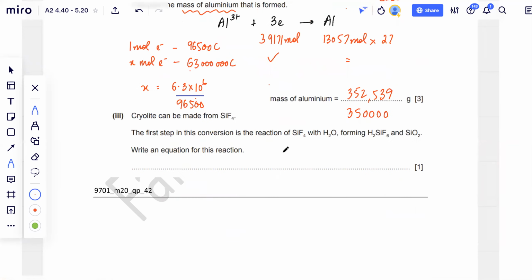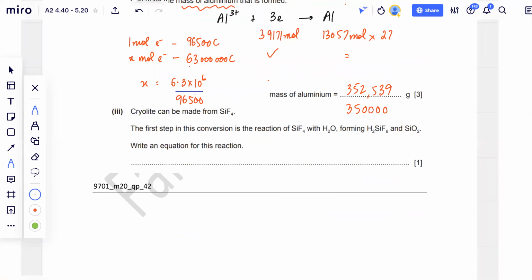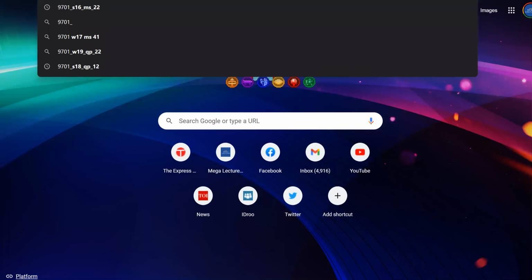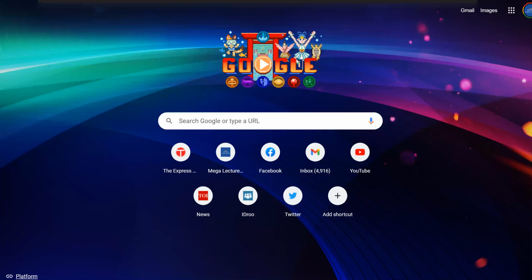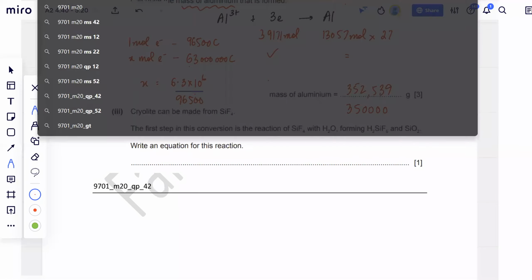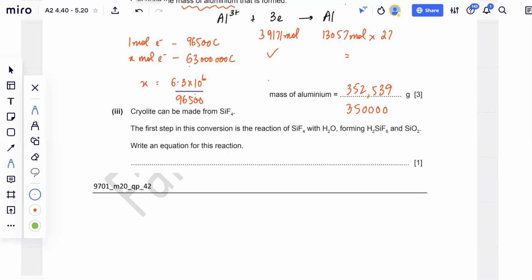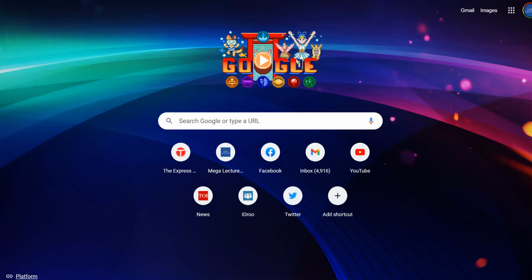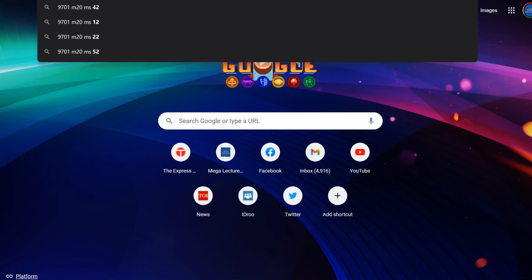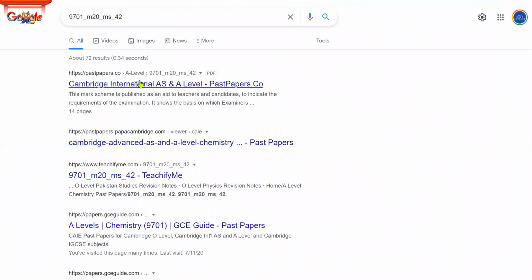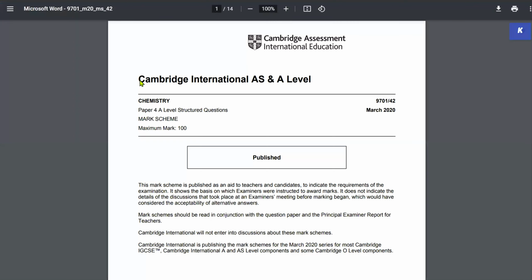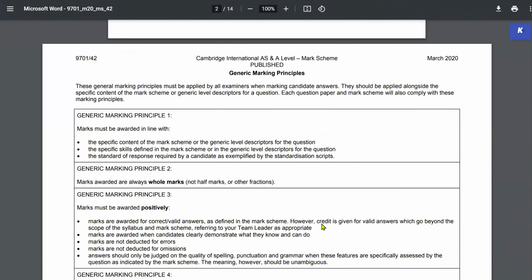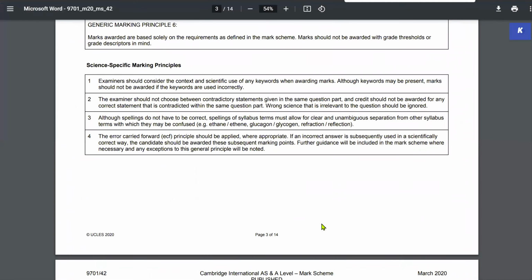And we can also just quickly check, it's March 20, 9701, and I think, let me just quickly open the mark scheme just to check the significant figures. MS42. Usually they're not very strict with significant figures. So this one is 35, right?